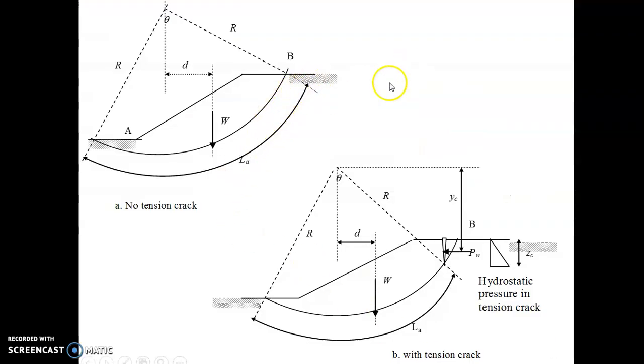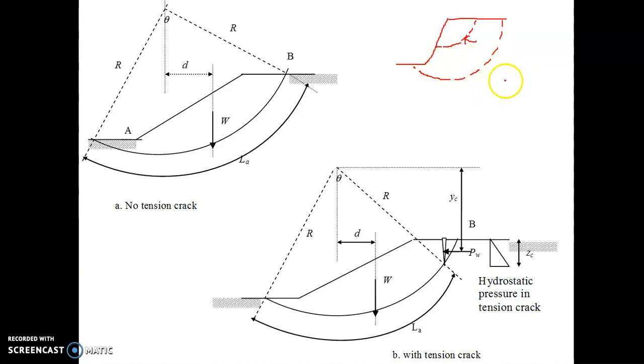Alright. Note that rather than a slip or straight failure line, we can also have a circular type of failure. As I mentioned earlier, we can have a shallow circular failure line here, or a deep-seated failure line.